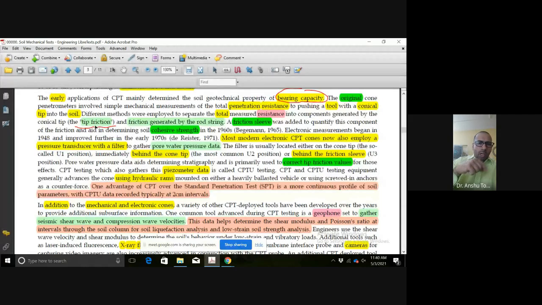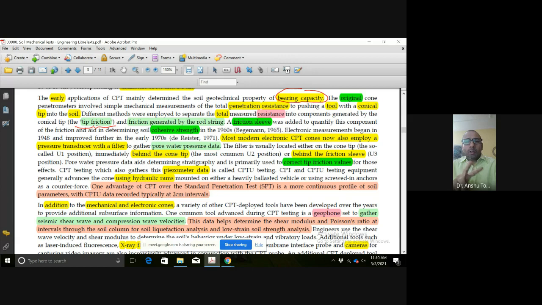So the tip of the cone is going to give one value, and the friction generated by the rod of the CPT arrangement is going to give another resistance.